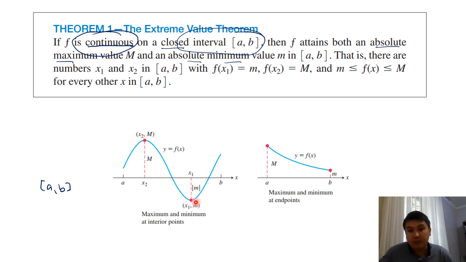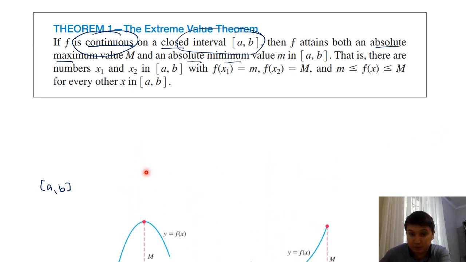So both maximum and minimum could be inside of the interval, not at the endpoints, not at A and not at B. Or in another situation, as in the second picture, extreme values might happen at the endpoints. We see the function is decreasing, so B will be the minimum and A will be the maximum, with nothing in between.